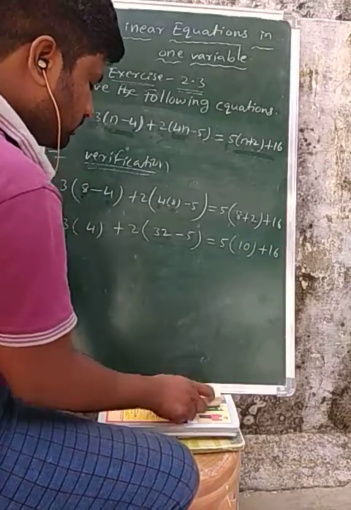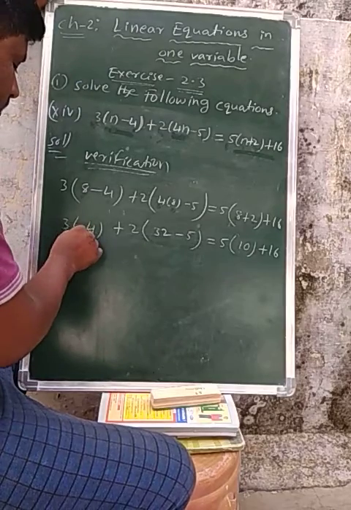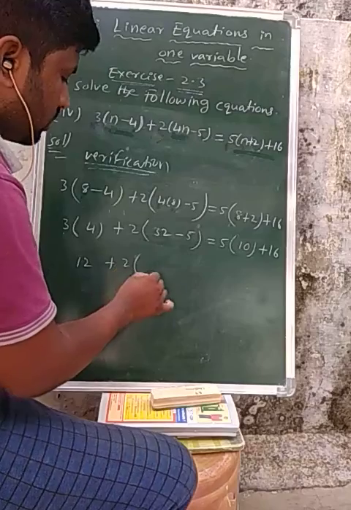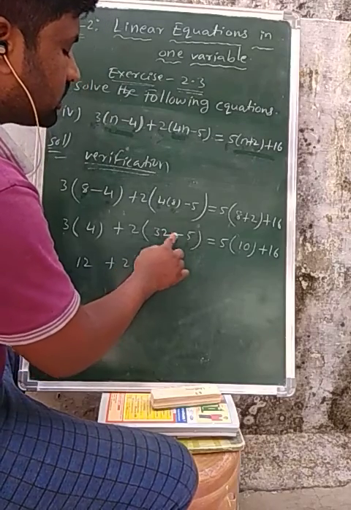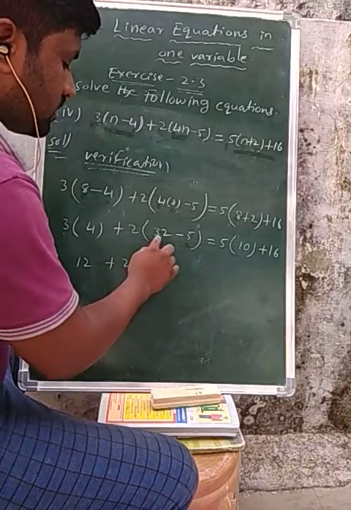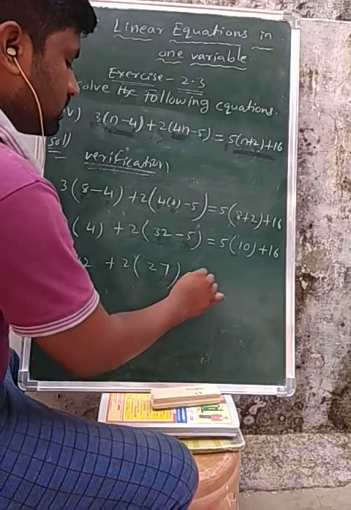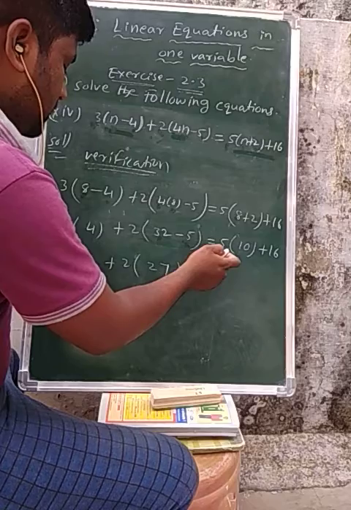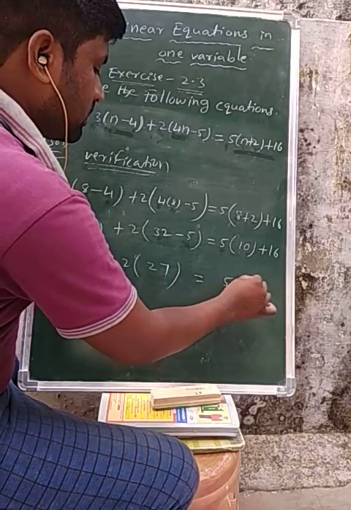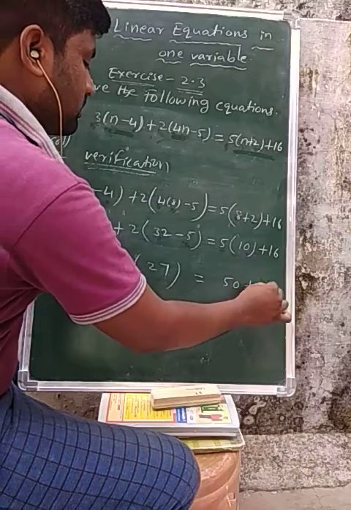Now 3 4s are 12 plus 2 of 32 minus 5. 32 minus 5 is 27, is equal to 5 of 10, 5 10s are 50, plus 16.